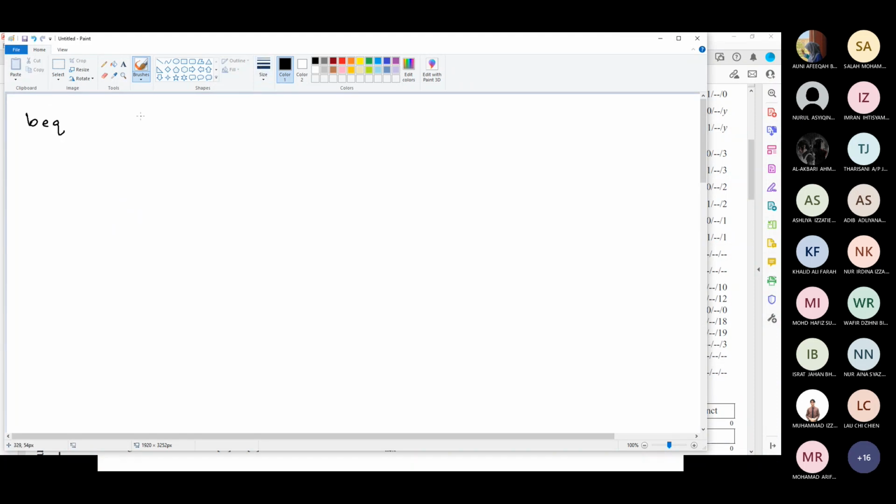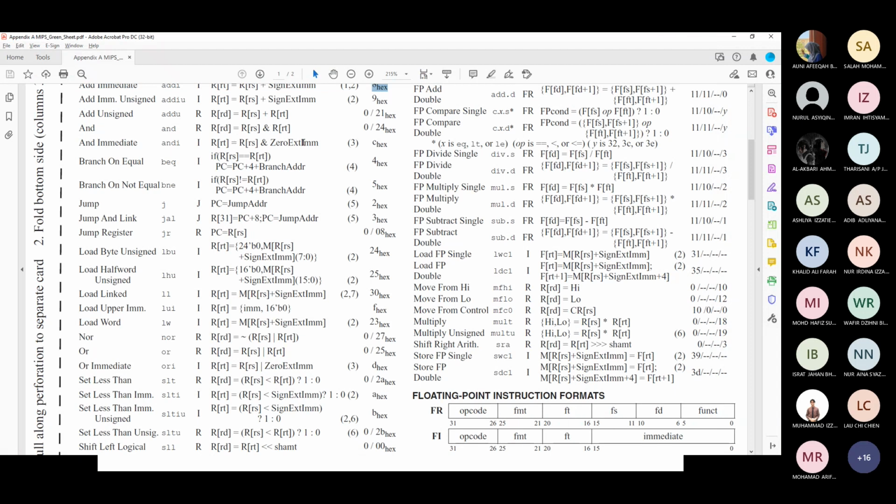So branch equal is that if RS is equal to RT, where do we want to go?